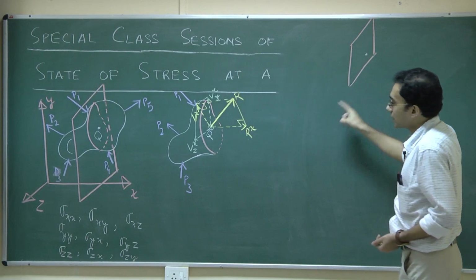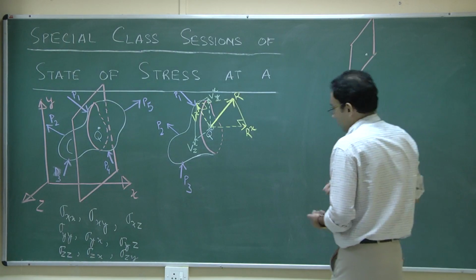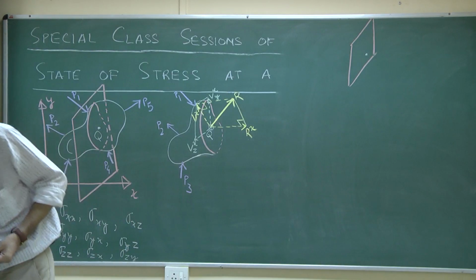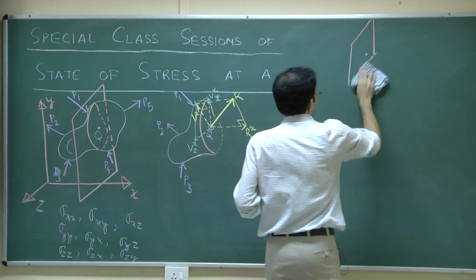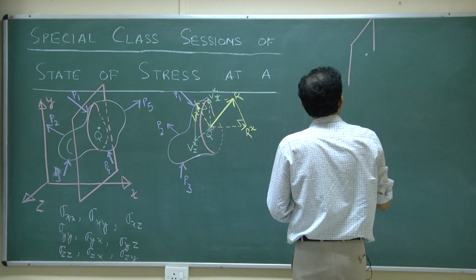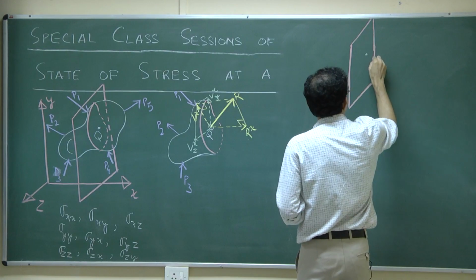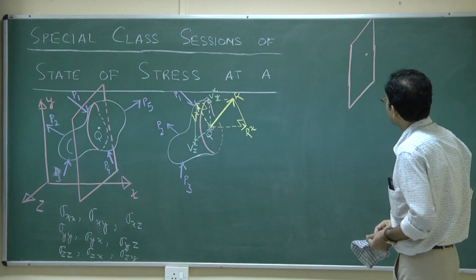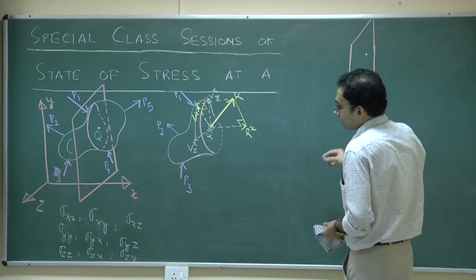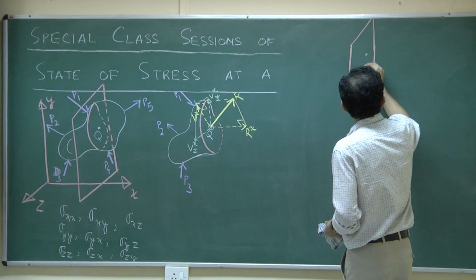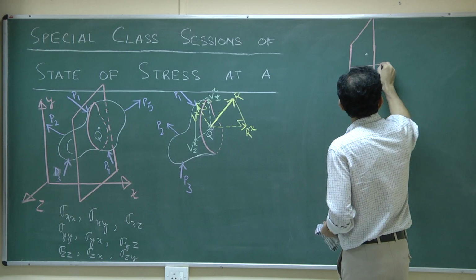This is a repetition of that plane. So, this is a plane which is parallel to the yz plane. If we take a plane which is parallel to the xz plane, it would look something like this.